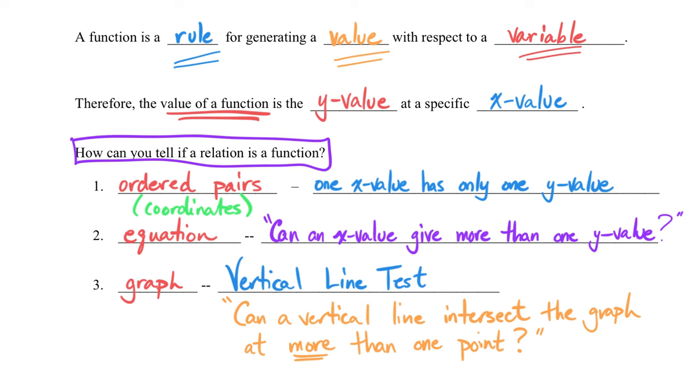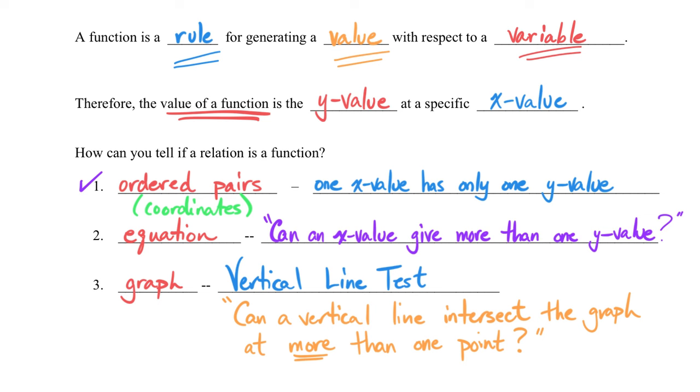Well, that can look a little different depending on how the relation is presented to you. What you see in the ordered numbers down the left are different ways that a relation could be presented. So take a look at 1. The first way I could give you a relation is a set of ordered pairs, a list of coordinates.